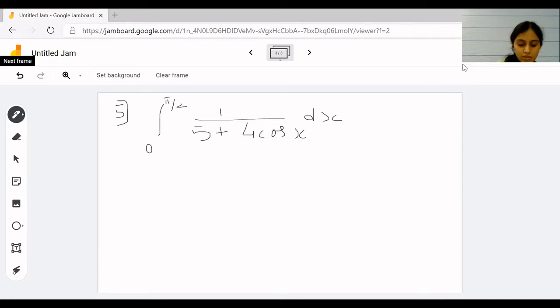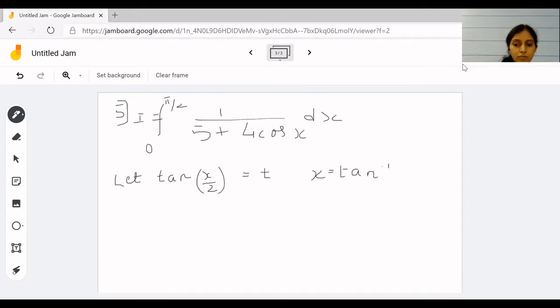Okay, so here we are going to use a substitution which is tan of x by 2. Now why do I require tan? Here I cannot substitute direct cos x. So I'm going to use let tan of x by 2 equal to t. Now if tan of x by 2 is t, then x is equal to 2 tan inverse t.